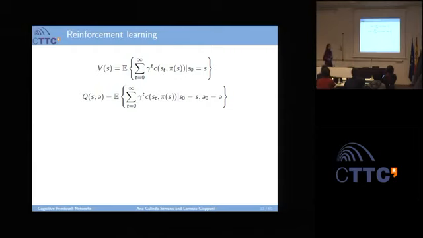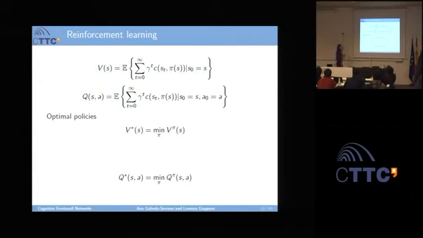The majority of these algorithms are based on the computation of the state value V and the action value Q. The idea with these equations is that the agents will try to maximize or minimize, in our case, the cost function over time. So they will try to find optimal policies, which will translate into actions.